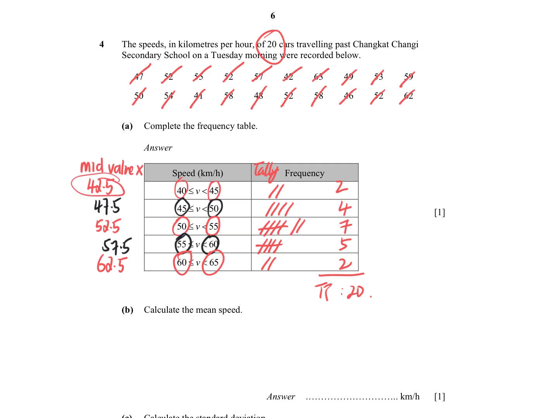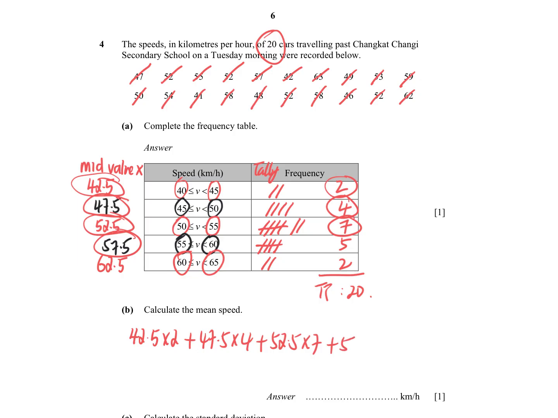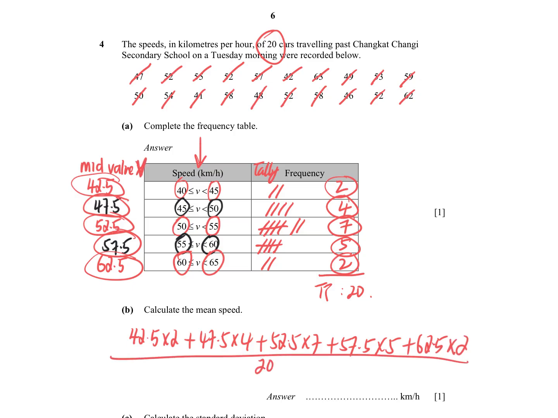You multiply mid value with frequency. And then the last one. Then the whole thing divided by 20.